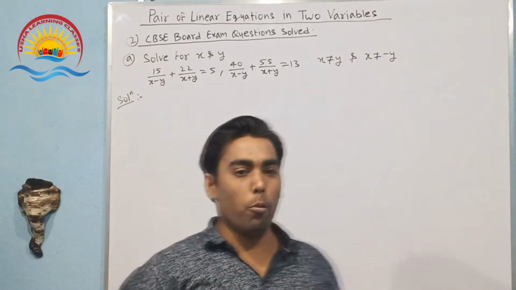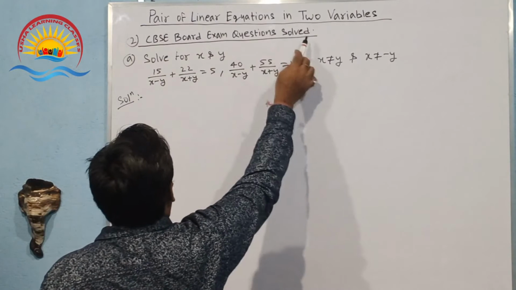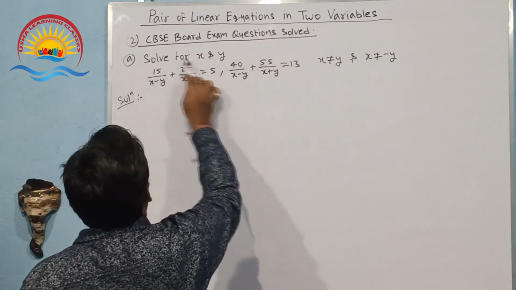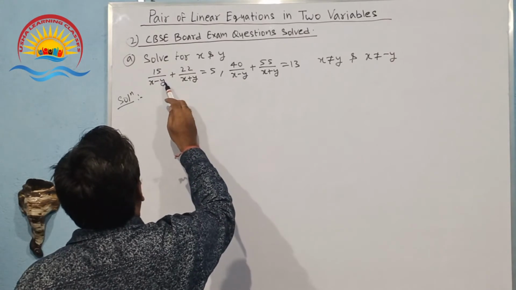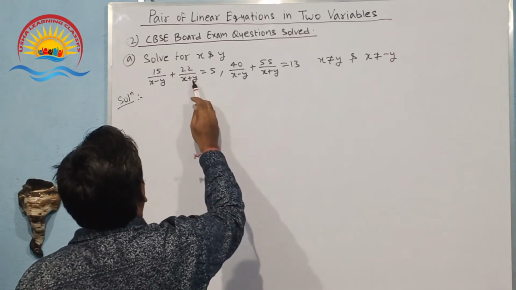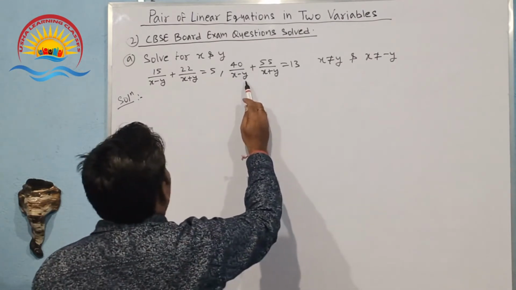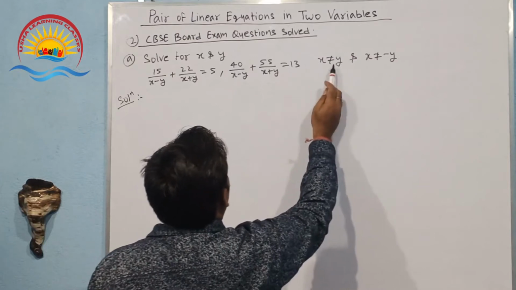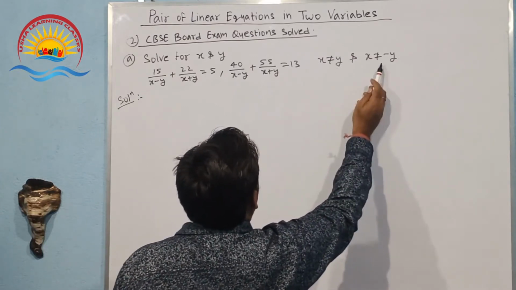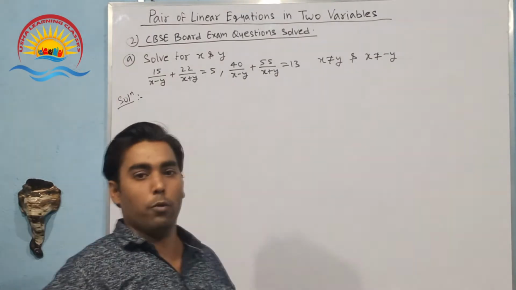Come to our next topic. Second, CBSE board exam question solved. First question is solve for x and y. Equations are 15 upon x minus y plus 22 upon x plus y equal to 5 and 40 upon x minus y plus 55 upon x plus y equal to 13, where x not equal to y and x not equal to minus y. Clearly the given equations are not linear.